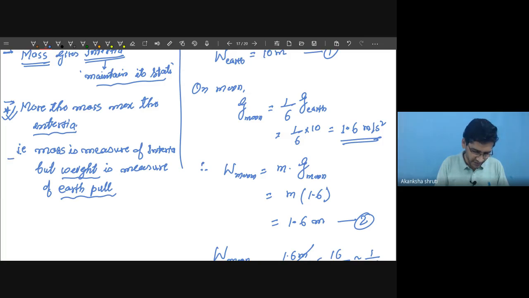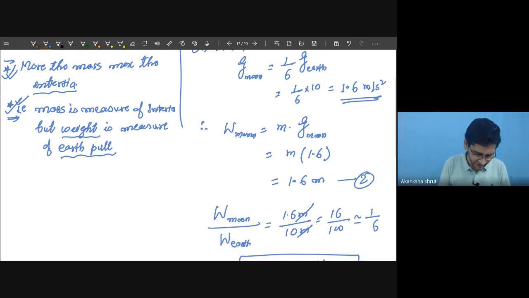So this is the other important thing that we need to keep in mind about mass and weight. Mass is the measure of inertia. Mass is given by Newton's first law, but weight is given by Newton's second law.